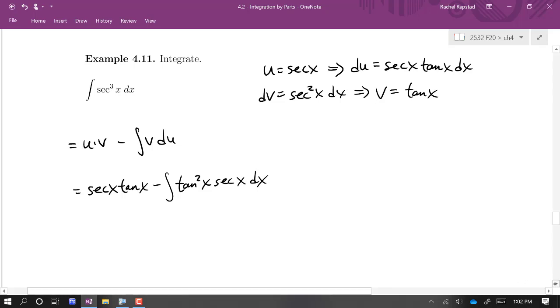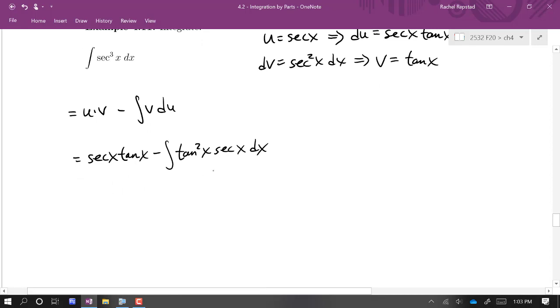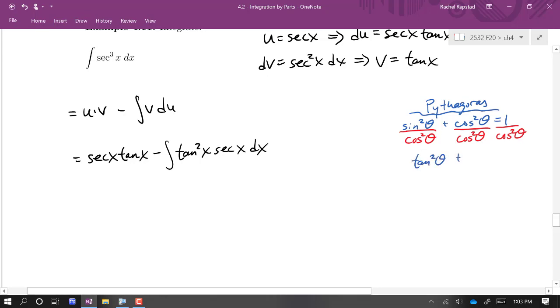So to continue working with this integral, I'm going to use Pythagoras here. So remember that sine squared theta plus cosine squared theta is equal to 1. If we divide through by cosine squared theta, we get tan squared theta plus 1 equals secant squared theta.